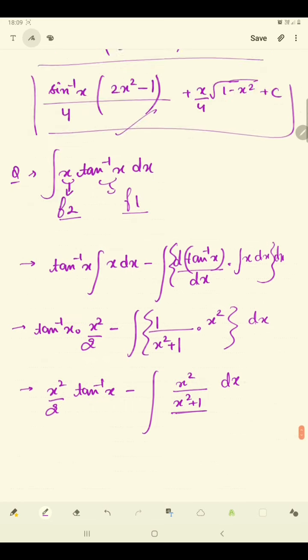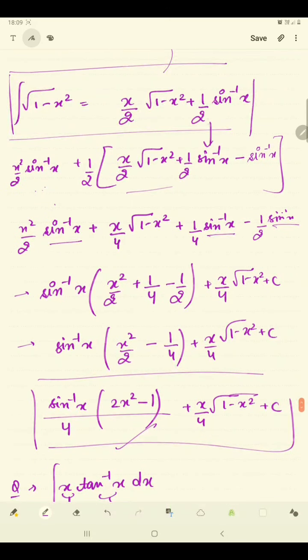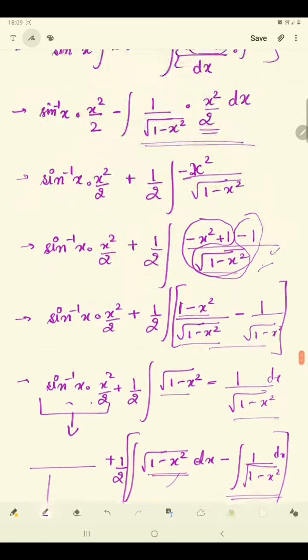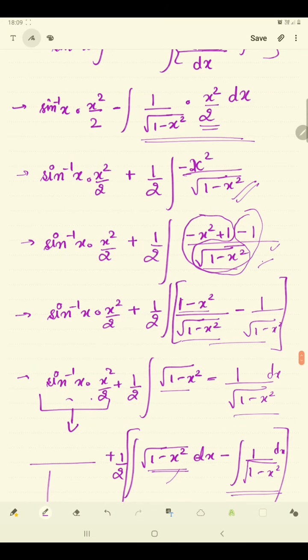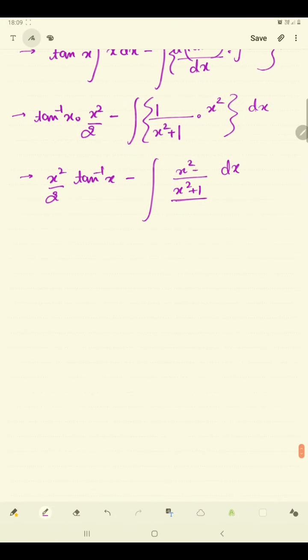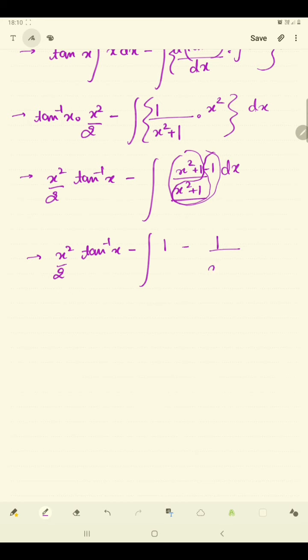Now this is very much similar to the form we used to solve this type of question, adding 1 and subtracting 1. Similarly we are gonna add 1 here and subtract 1 over here. So we have x square by 2 tan inverse x minus 1. Separating these things out, we have 1 minus 1 upon x square plus 1 dx.